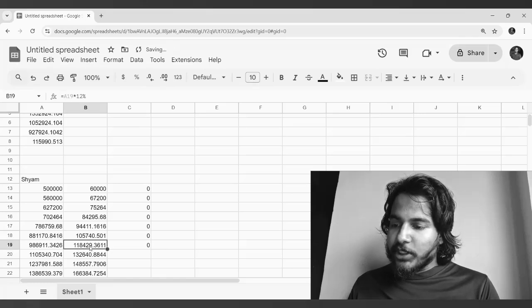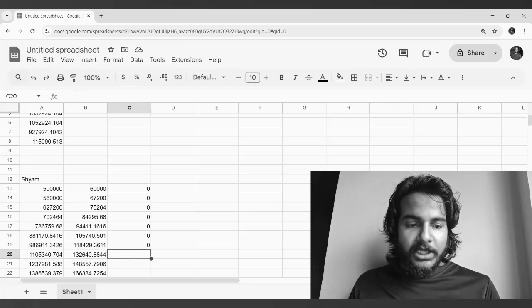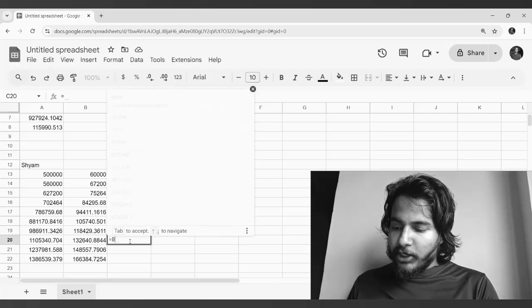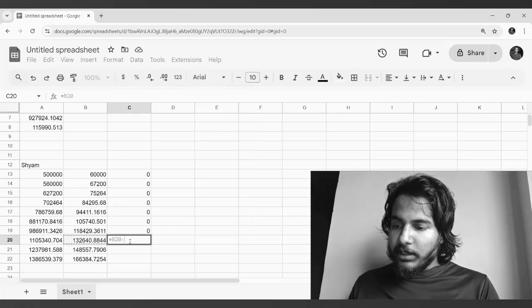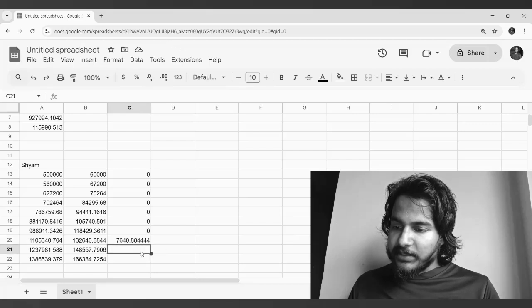See, 1,18,000. But after the seventh year, from the eighth year, now they have to pay the tax. So if we subtract, B20 equal to B20 minus 1,25,000. I will do the same for the remaining ones as well.